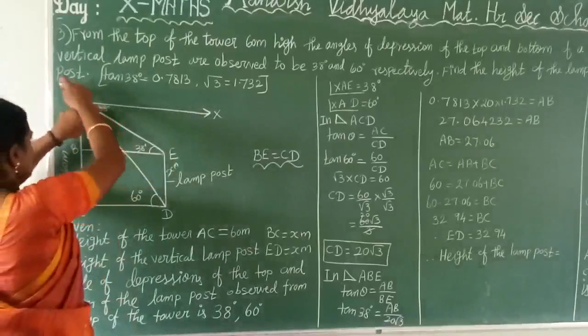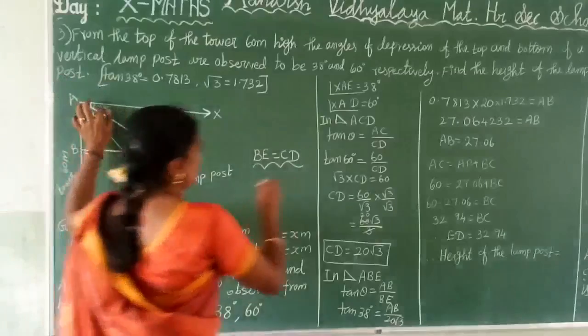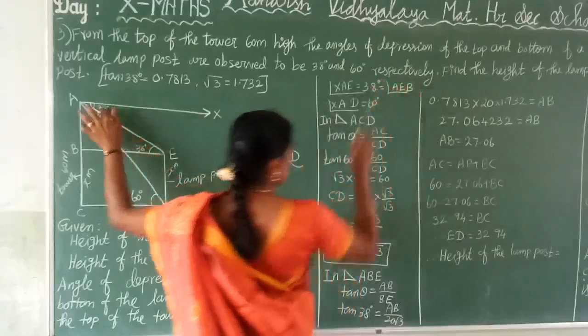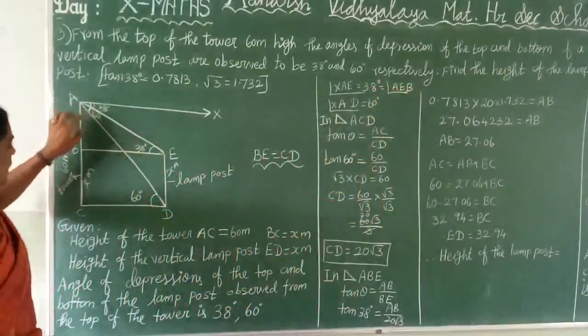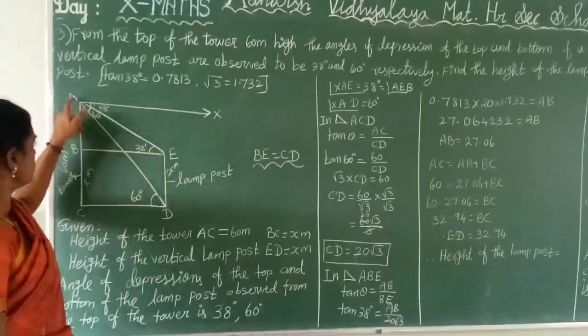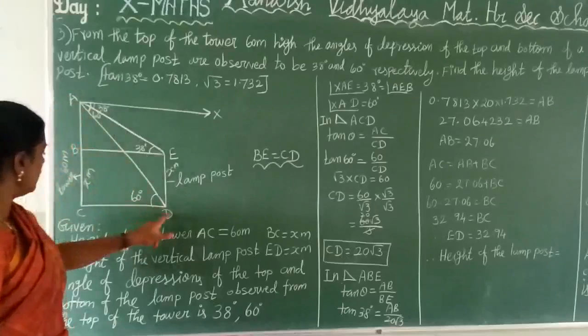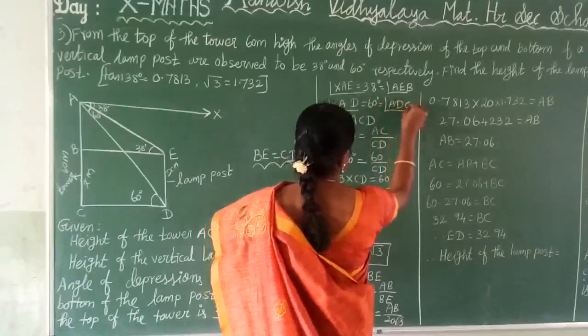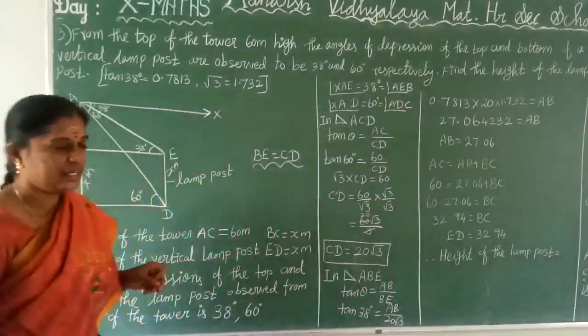This 30 means AEB is also 30 degree. Next one, XAD is 60 degree, so this is equal to ADC. Angle ADC is also 60 degree.